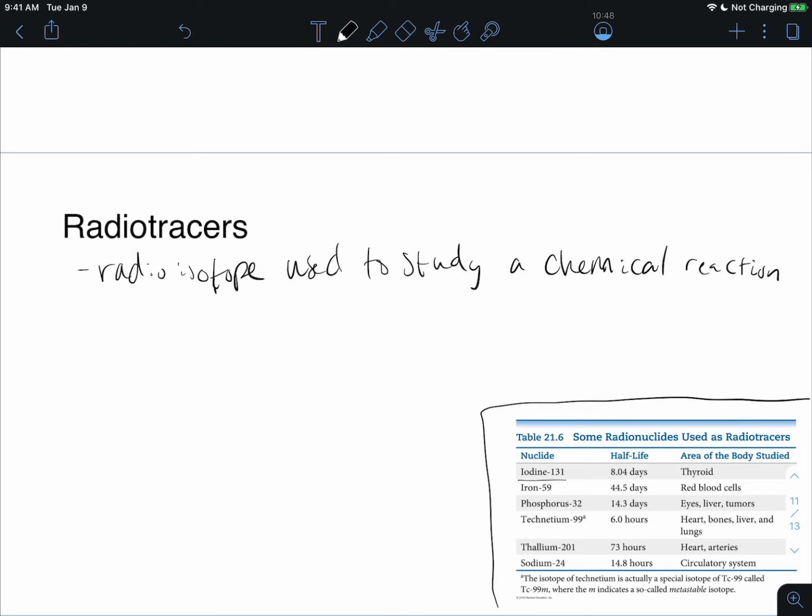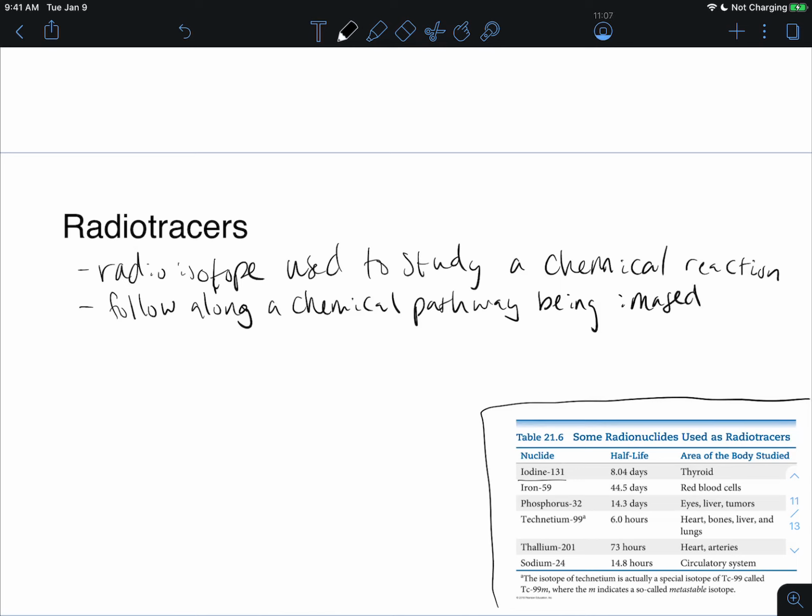So it's going to follow along a chemical pathway, being imaged. It's being imaged because it's emitting radiation. That radiation can be observed using phosphors.